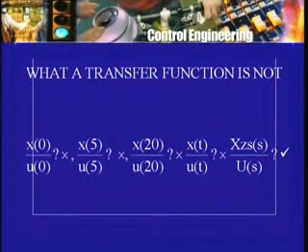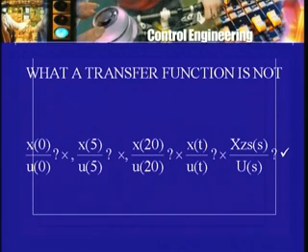So the transfer function is not x(0) divided by u(0) or x(5) divided by u(5) or x(20) divided by u(20), not even for the zero state response part of the response. No, this is not true.